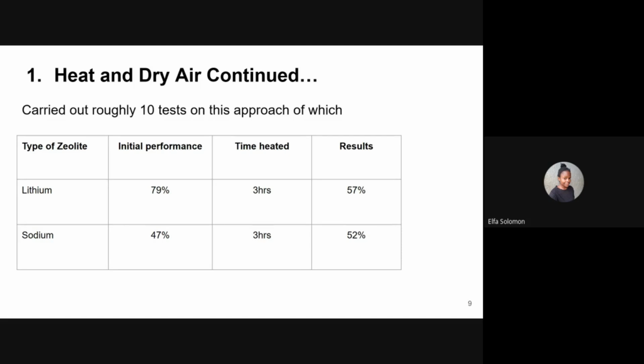Before the experiment, we tested the performance of the two kinds of zeolite in a concentrator, and it was 79% for the lithium based, whilst sodium based was at 47%. After regenerating the zeolite, the performance of the lithium based decreased to 57%, whilst the one for sodium based increased to 52%.